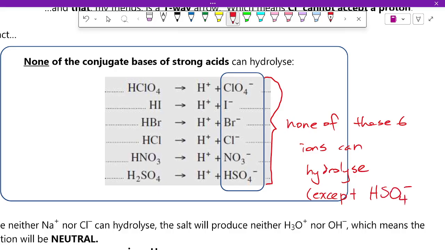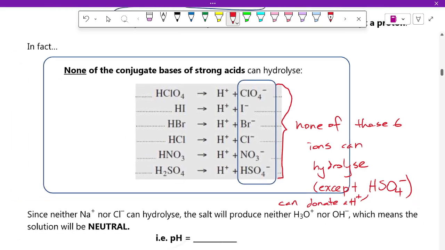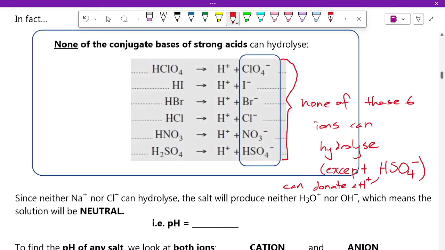And how would HSO4 hydrolyze? Would HSO4 accept a proton? No, it would do it by donating a proton. So maybe we should say none of these 5. Maybe that would be better.